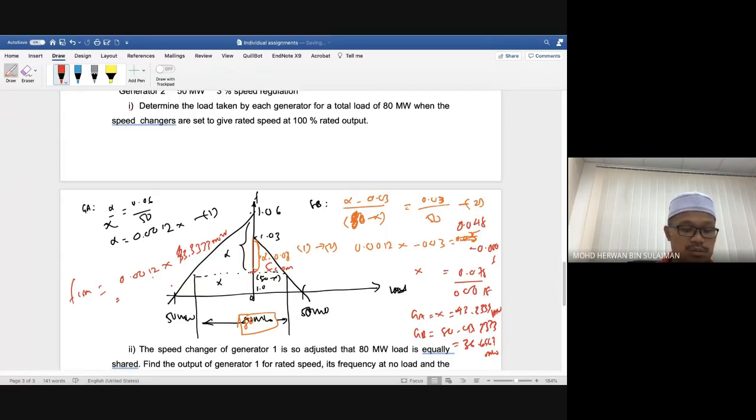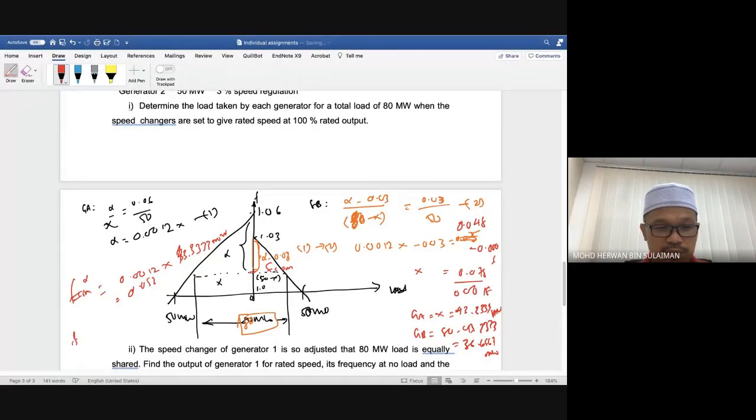You get 0.052. This one is not Fcom yet. This one is the value here, your alpha. Your alpha is 0.052.